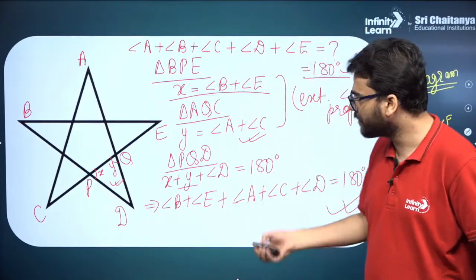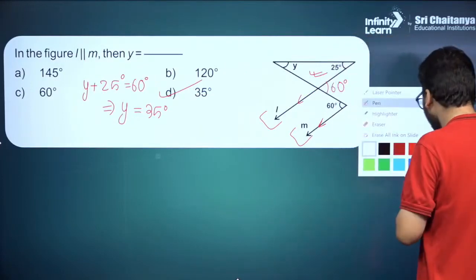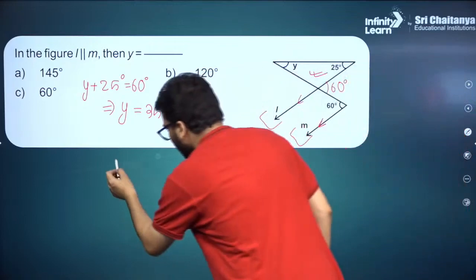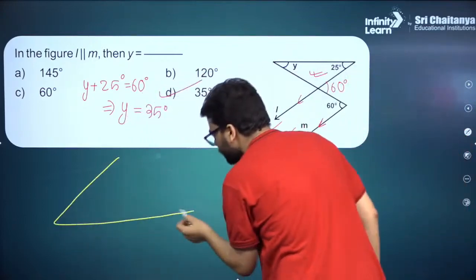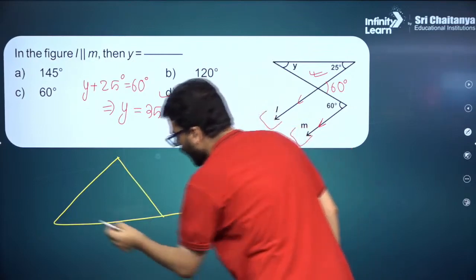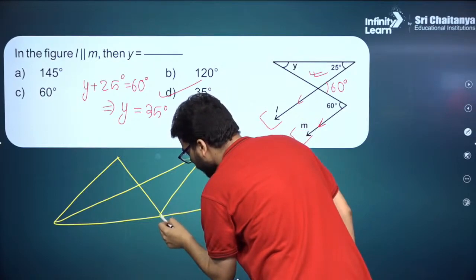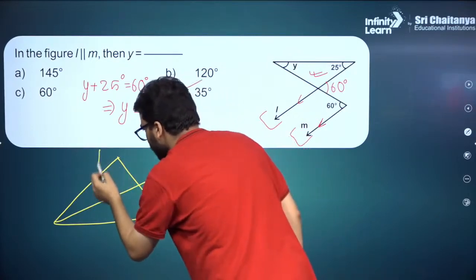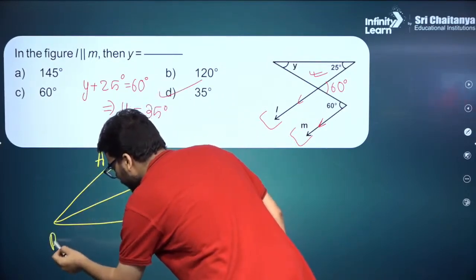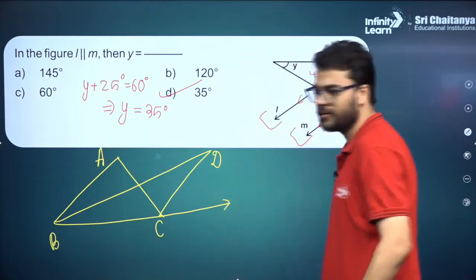Now one more question I am giving over here, give me some seconds. Suppose you have got a triangle over here. Suppose I name this to be A, B and C, and suppose this is D. Fine.